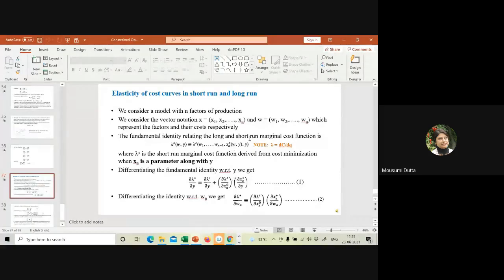When we are taking the derivative on the right hand side, whether we are getting this value. Remember, xn star is a function of w and y. Is it okay? Is equation 1 okay? Please look at the equation. If there is any confusion, please ask me.